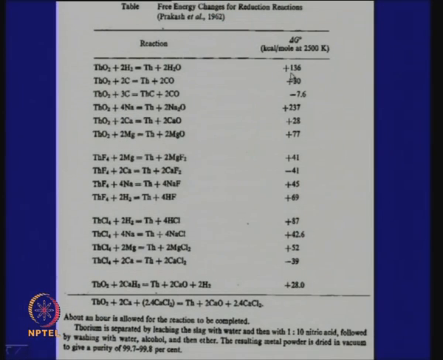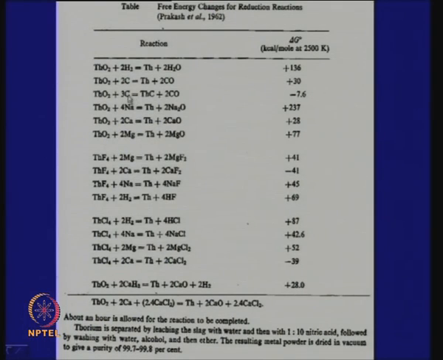You know the guidelines. We will have to choose one that would have a negative free energy change. We would also like one which has high exothermicity, and then we have to worry about the physical state of the reactants and products at the temperature of reaction.